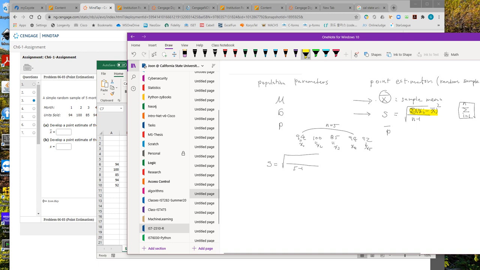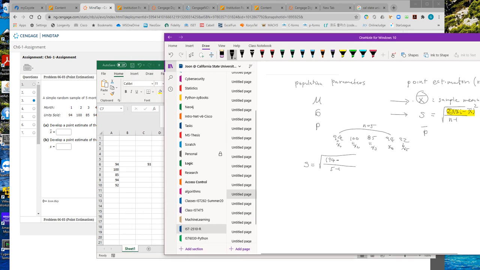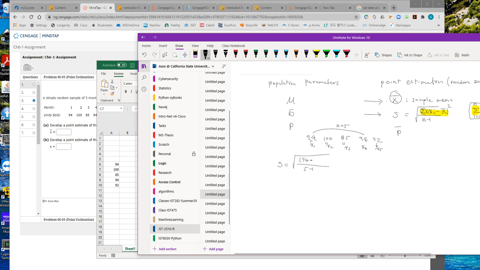In the numerator, the sigma is a sum. So basically, x1 minus x bar, where x bar is 93, so 94 minus 93 squared, and then the next one is 100 minus 93 squared, and just keep going.